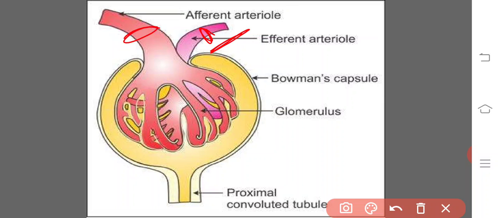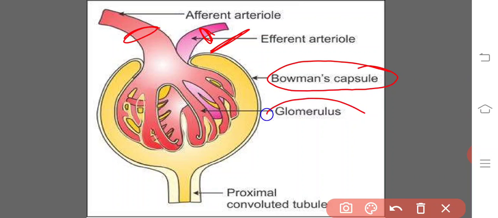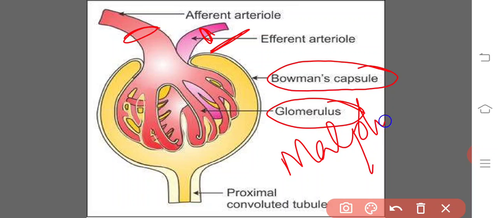Okay, so due to the combination of the afferent arterial branches and efferent arterial branches, they fuse to form a network-like structure, a capillary network, that is nothing but the glomerulus. Both Bowman's capsule and glomerulus form the Malpighian body, that is the first part of the nephron.